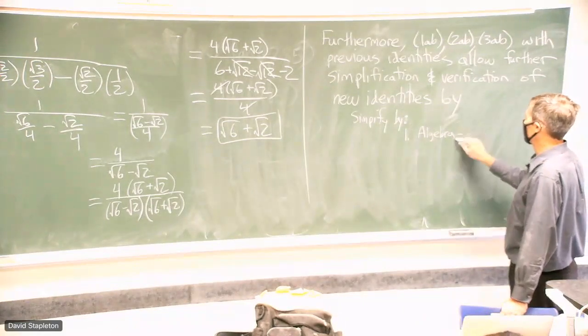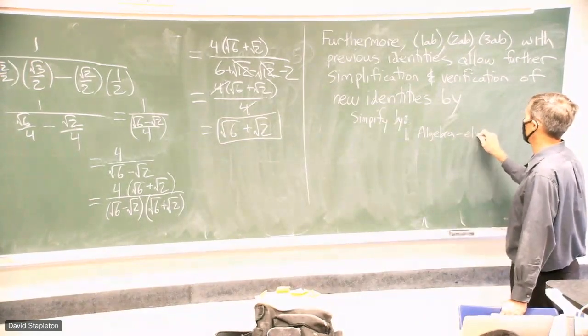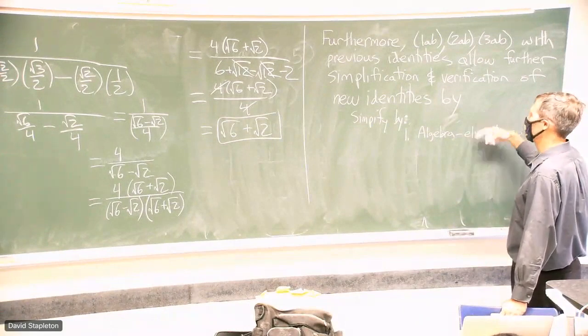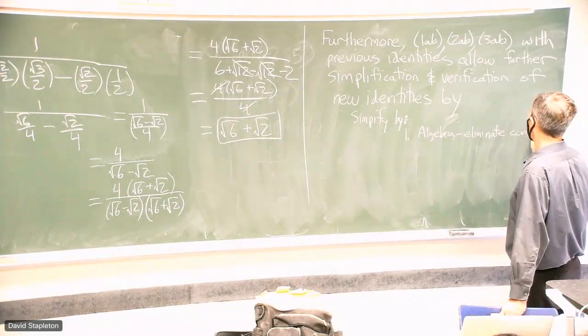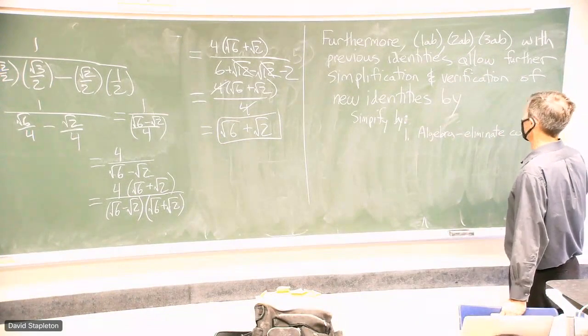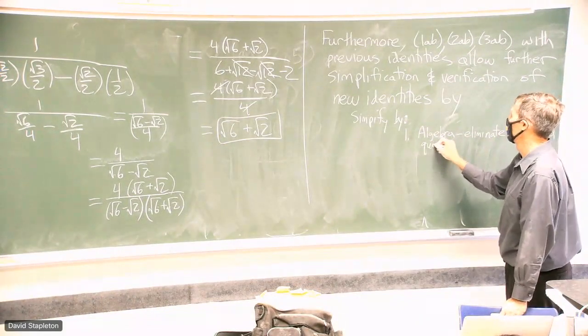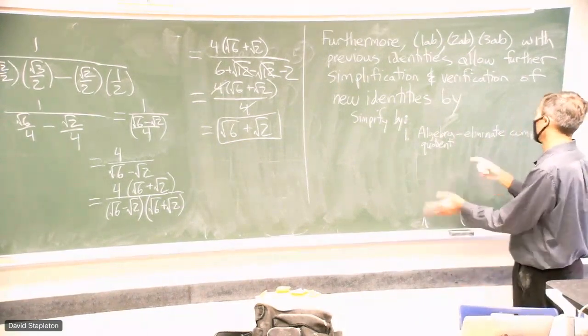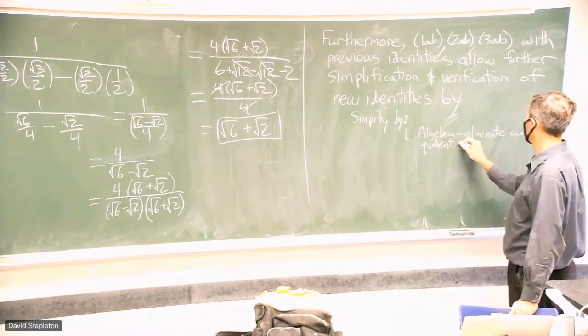We could do things like eliminate compound quotients, right? Quotient of quotients, we write top times bottom over middle. We could combine common denominators. So sometimes we'll get common denominators, combine them, and then eliminate the compound quotient.